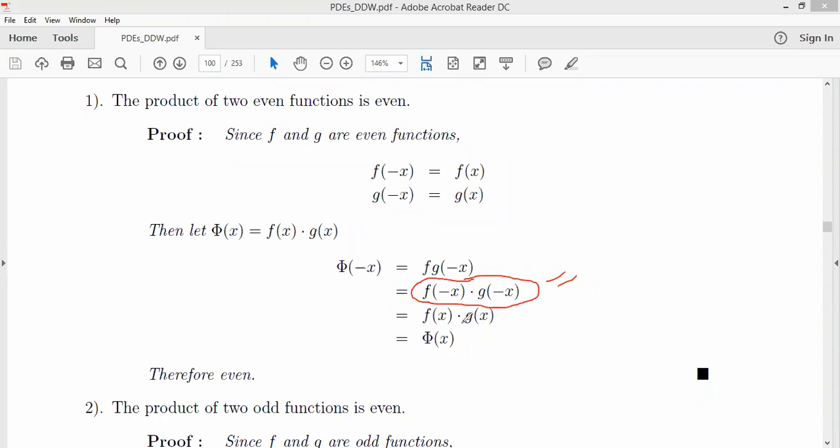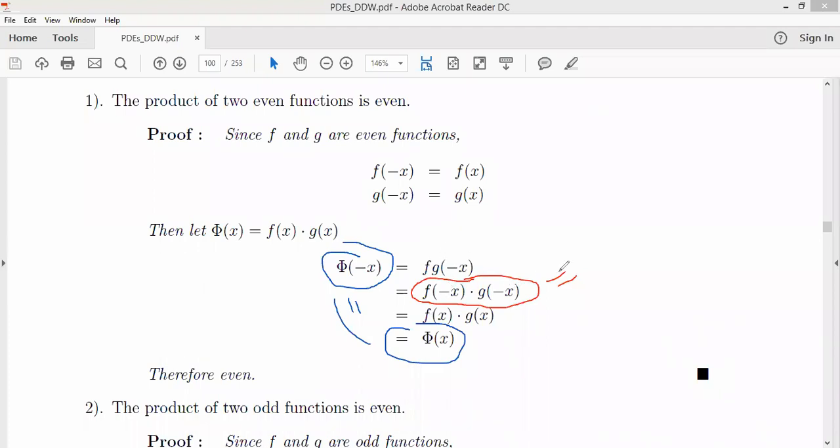So f(x)·g(x) is the big phi of x, which is now equal to this term here. Is that okay? And if it was negative, remember we said the odd and the odd is even.